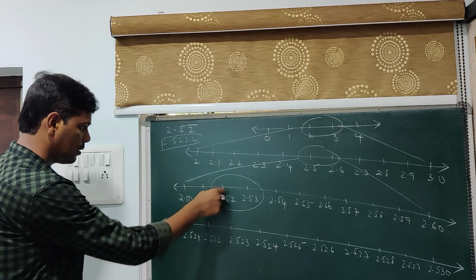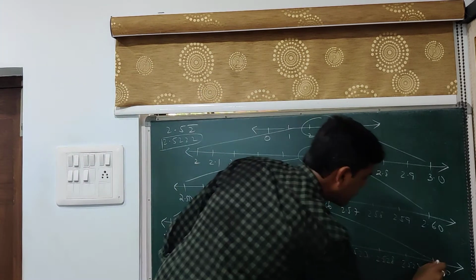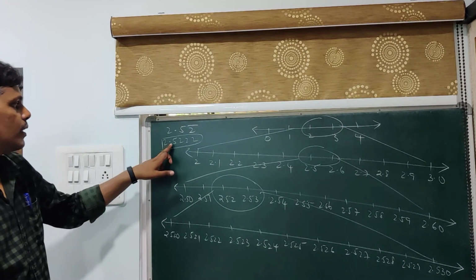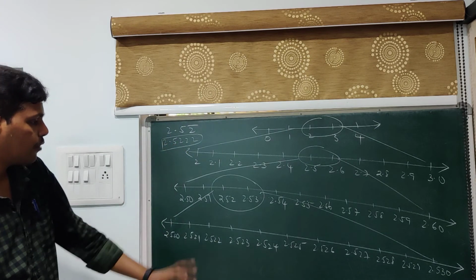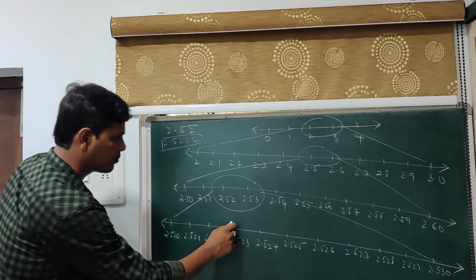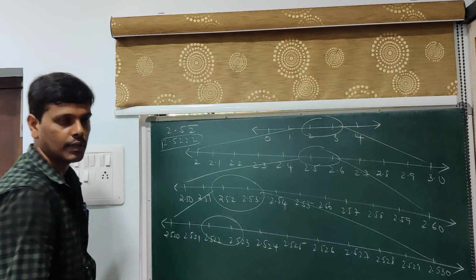So magnify this, in fact we have magnified. Yeah. Again think of where 2.522 lies. So 2.522 lies between these two. So magnify that.